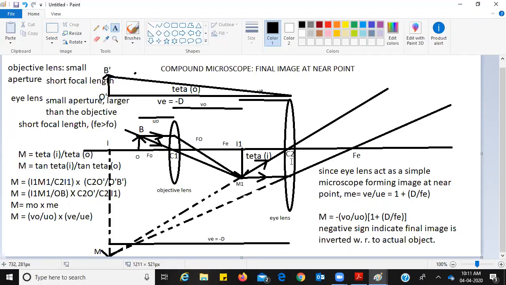If you're done, I have one more approximation. This much is enough for the exams and numericals, but it's an approximation we do to get a rough idea about the magnifying power. What is the length of the microscope tube between C1 and C2?